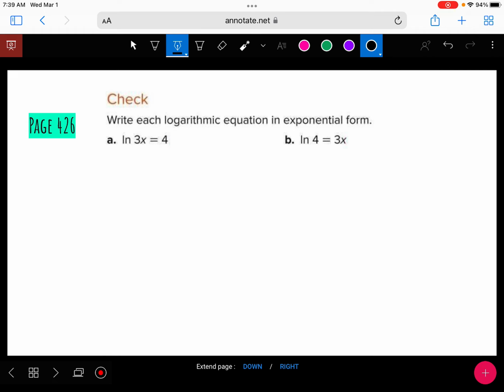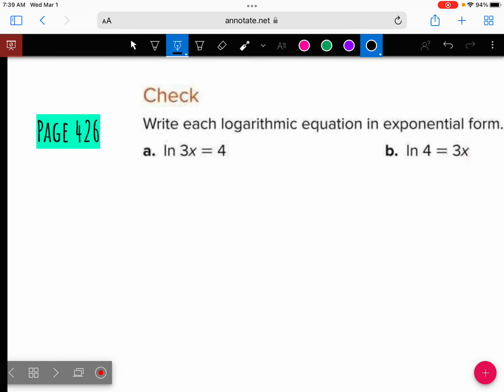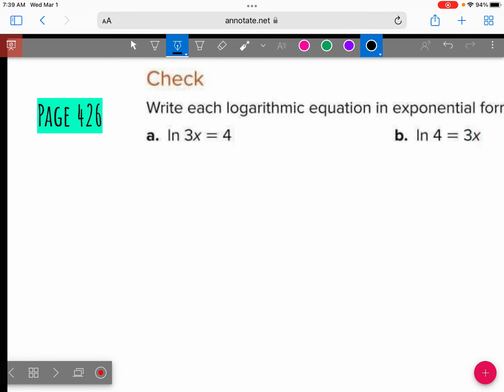All right, what do we get for A as this in exponential form? What's our base? Not the next step. What is the answer? E to the 4th is 3x.